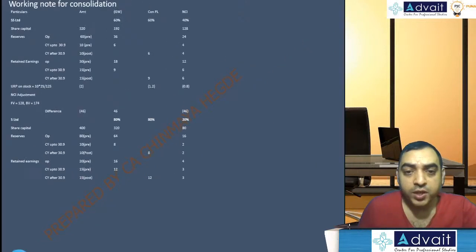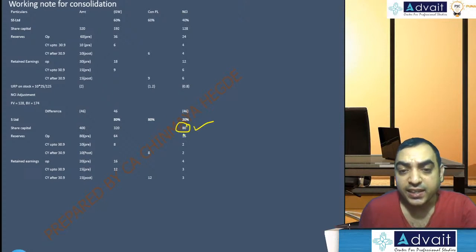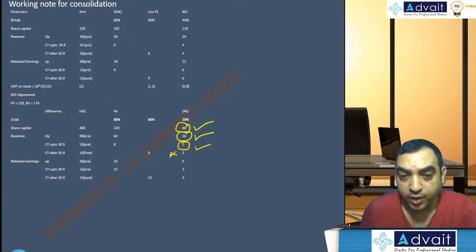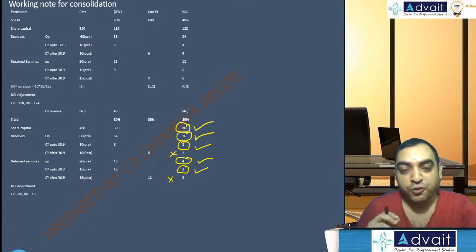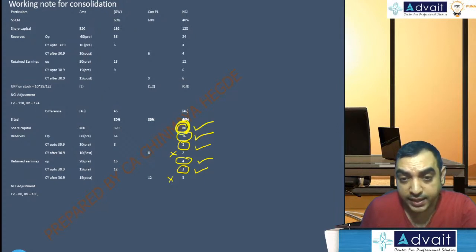Now, what are the things to be considered, my dear friends? Share capital 80 we will take, opening balance 16 we will take, the first half profit of 2 we will not take. The opening balance of retained earnings we will take. Current year balance 3 we will take. Post-acquisition we will not take. So that total comes to 105. And what is fair value? They said book value, and book value is 80.